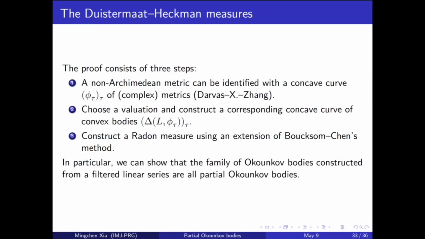They are special cases of partial Okounkov bodies. And as you can see from the construction, it seems a bit arbitrary because it depends on the choice of valuation. So it's very hard to say if the resulting measure is canonical or not. But it turns out that this is true. We can prove that the resulting measure on R, the Duistermaat-Heckman measure, does not depend on any choices. It's really a canonical measure.